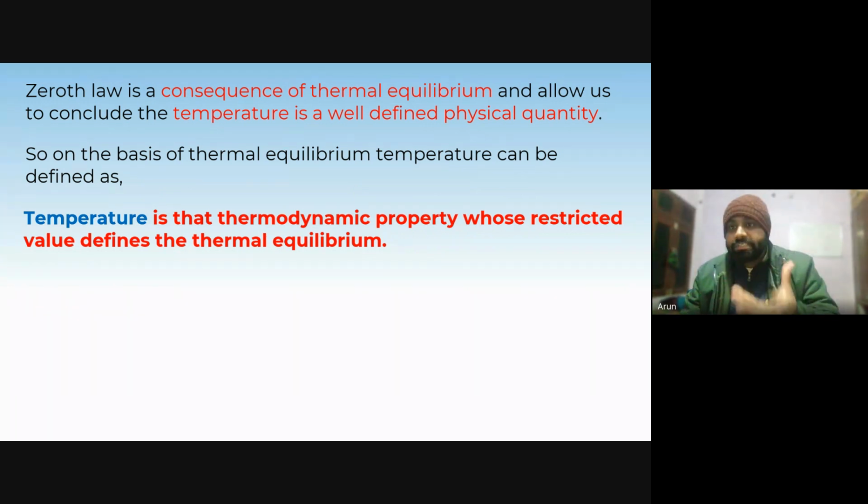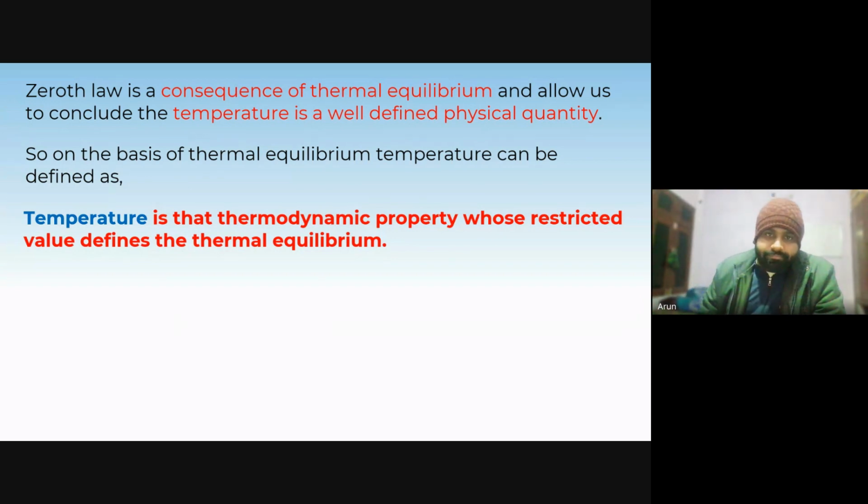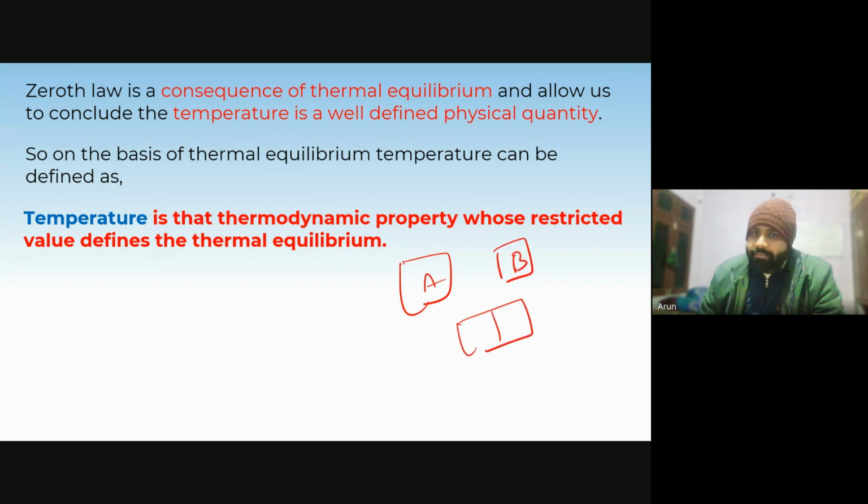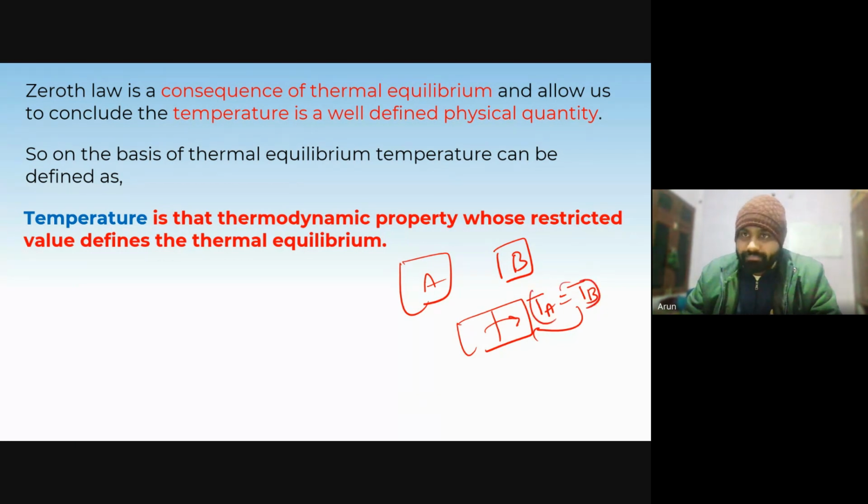Because of its restricted value, thermal equilibrium is achieved. If A and B are at different temperatures, no worries, put them in thermal contact. So the temperature of A will become the temperature of B, the same temperature. So this is the restricted value of temperature achieved at thermal equilibrium.